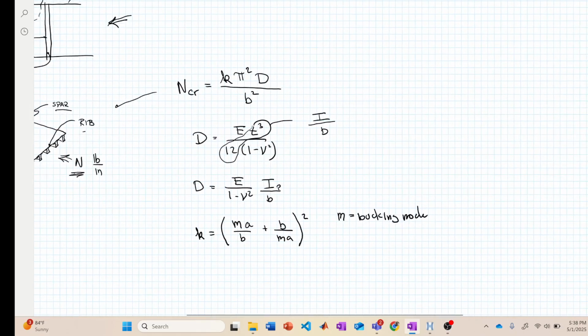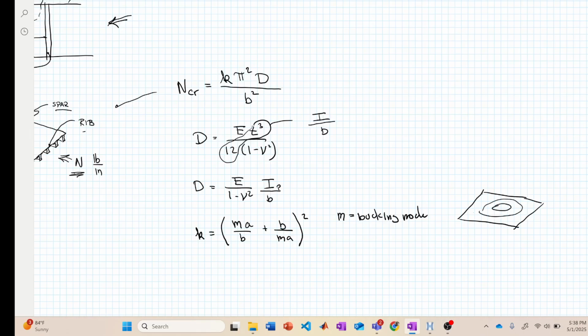Now remember, with the buckling mode, depending upon the aspect ratio, we could get first mode buckling, or if we have a bigger aspect ratio, we could also get a second mode. So this one would be M equals 1, here's M equals 2, and you get M equals 3, and so on and so forth. And then obviously A over B is the plate length versus the plate width. That's the aspect ratio.